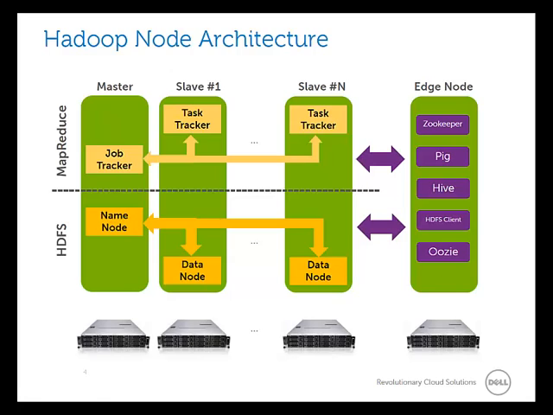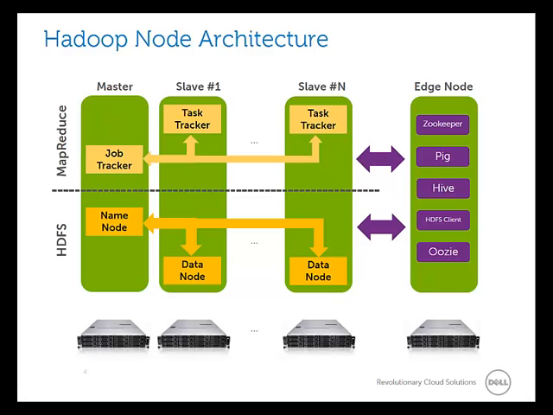Hadoop also includes a distributed file system known as HDFS. So on the master node I have a name node that keeps track of the metadata for HDFS, and then on the individual slave nodes there's typically a data node component which is managing the storage on those individual nodes. And then finally within a Hadoop cluster there's normally one or more edge nodes, and the edge nodes are the components that connect the Hadoop cluster to the outside world.